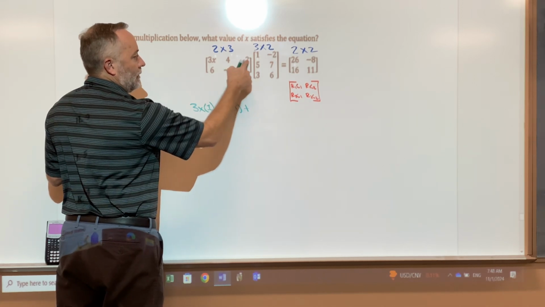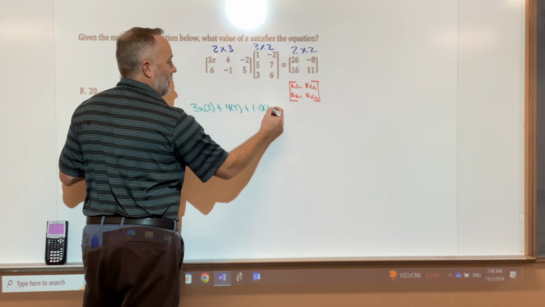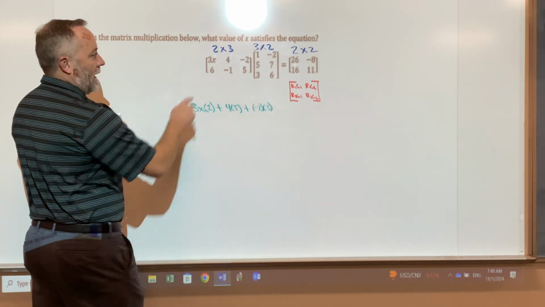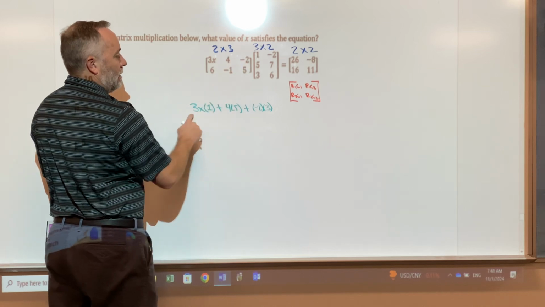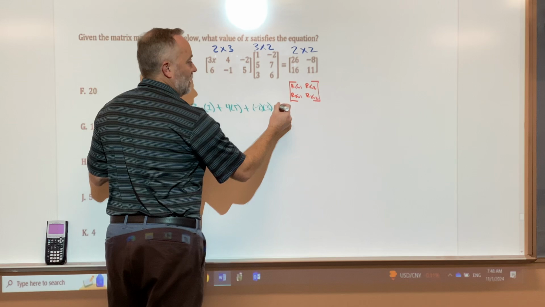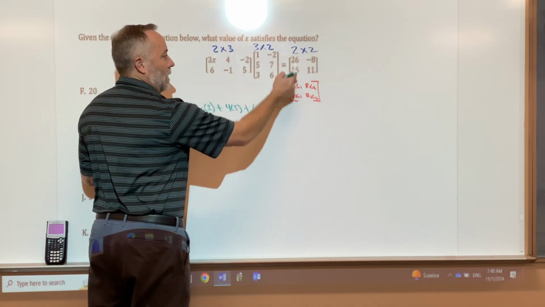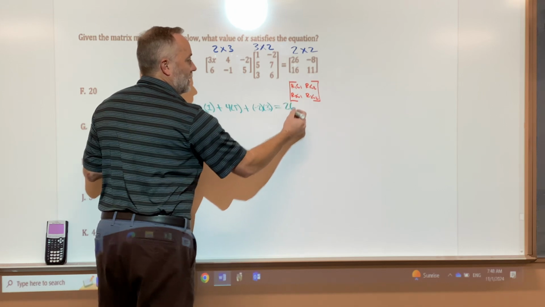Plus -2 gets multiplied by 3. Okay, so that was everything in row 1 multiplied by everything in column 1. And that's going to equal our result in that position, row 1, column 1, which is that 26.